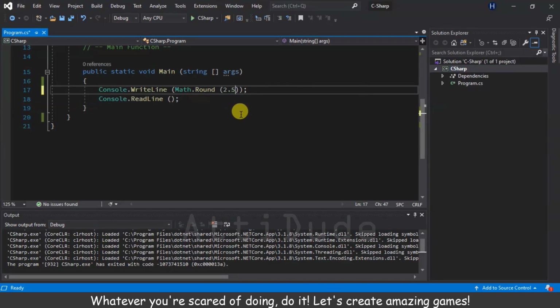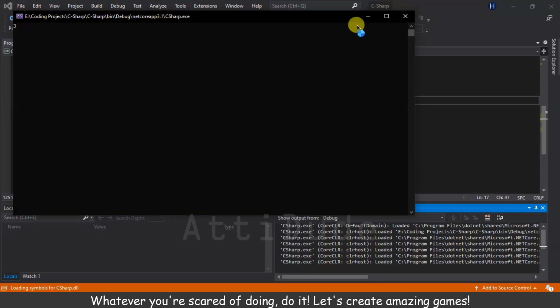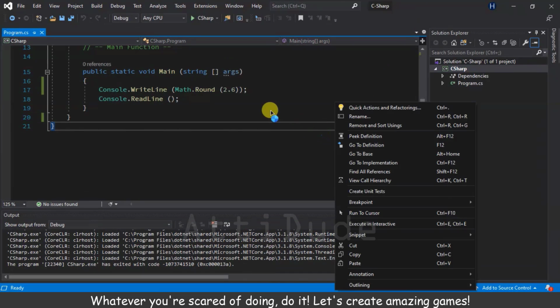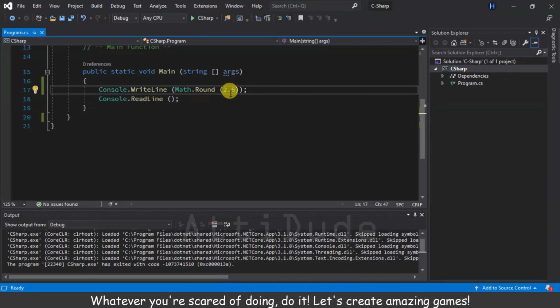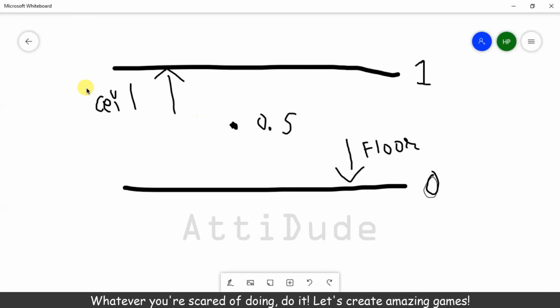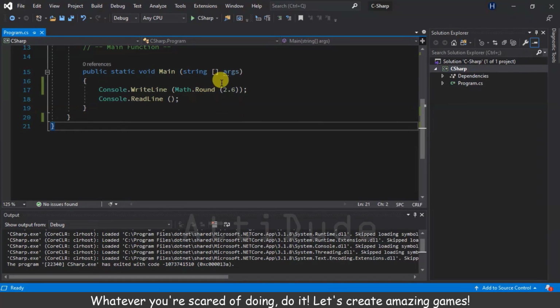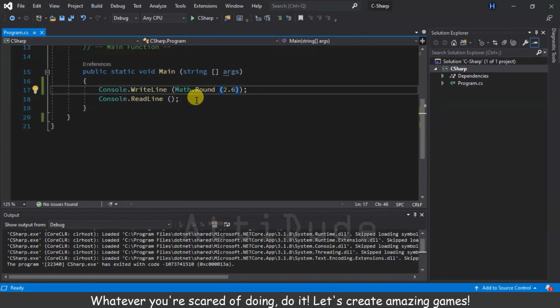I think this works a little bit strangely compared to what we learned in our math classes when we were small children. What we were taught was that if the number is 0.5 or greater, we ceil it, otherwise we floor it.